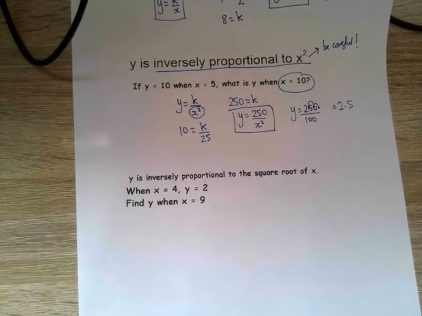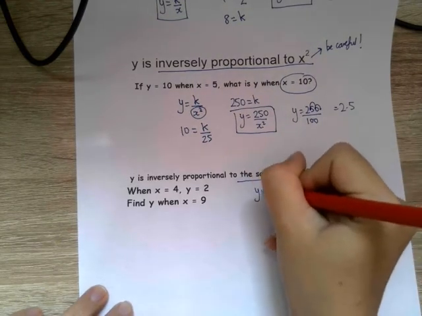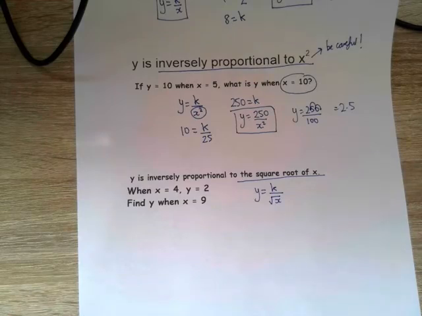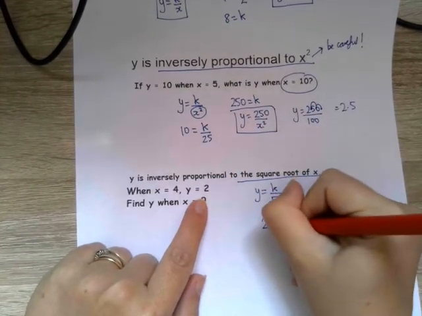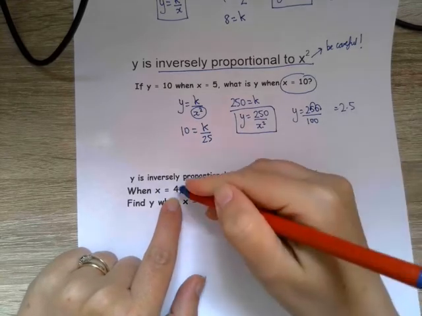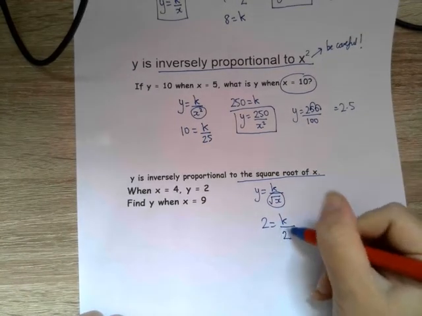But if you did leave it as 250 over 100, that's technically correct, so that would still get the mark. Right, next one, y is inversely proportional to the square root of x. So first line is that y equals k over the square root of x. Stick our numbers in, so y equals 2. And again, I can't just put x and I've got to square root it. So the square root of 4 is 2. So to get k, I'm going to times by this 2.